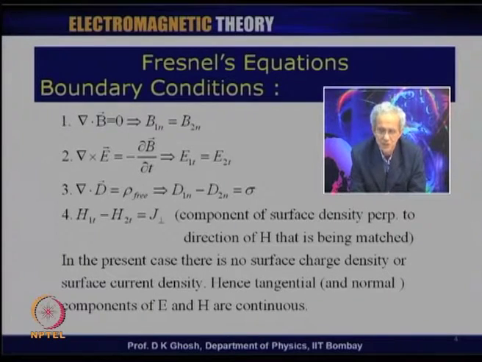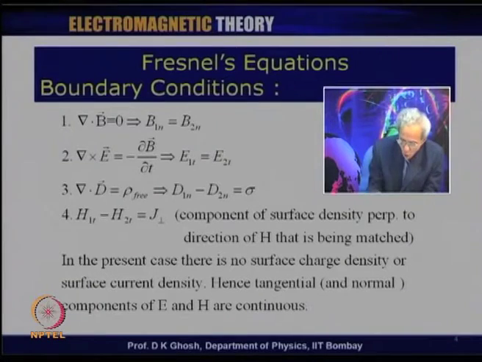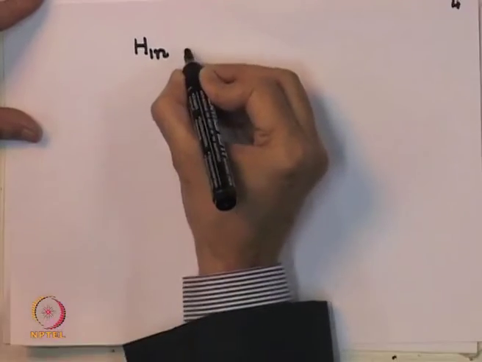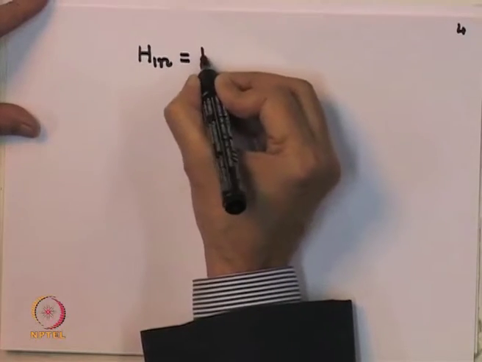We are discussing different dielectrics, but they are not magnetic materials. So, the permeability of both the media will be taken to be equal to mu 0. As a result, if B1n is equal to B2n, this also implies that H1n is equal to H2n. So, the normal component of the magnetic field H1n must be equal to H2n.